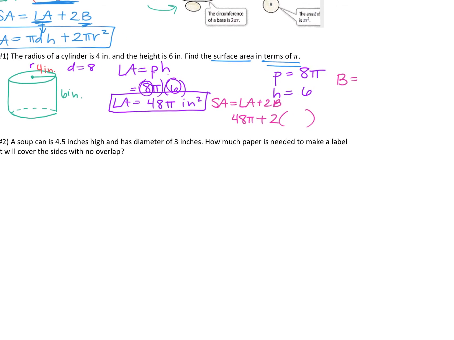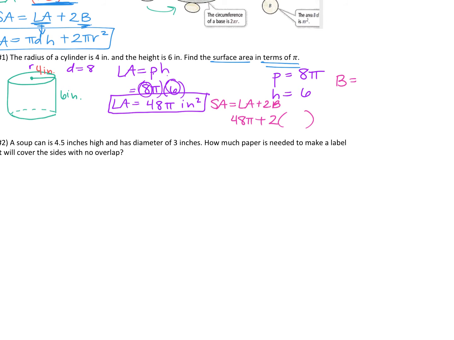So in this figure, what's B? Pi times 4 squared. Pi times the radius squared, okay? So pi r squared, or 16 pi, is our B. Well, in the formula, B goes here, so we're going to drop in 16 pi.